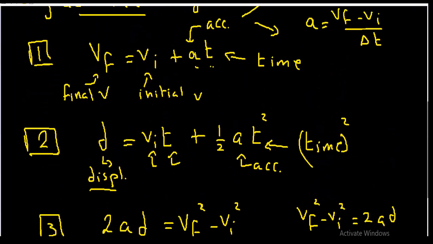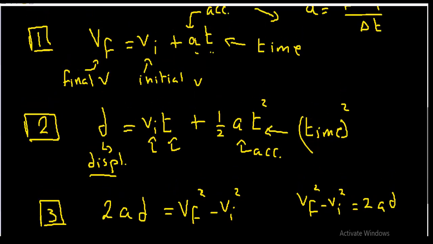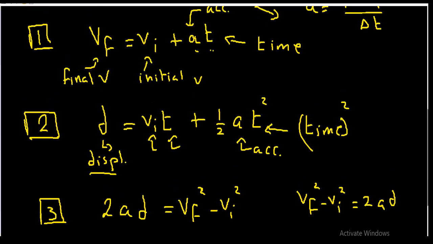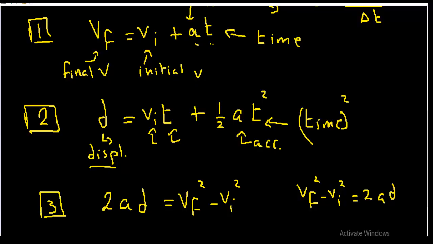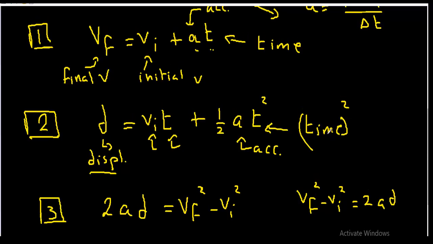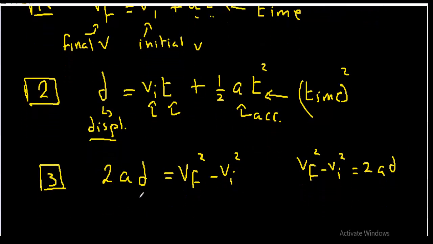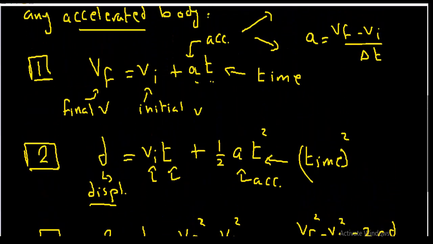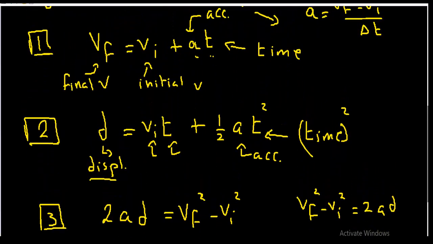You will notice that the three equations are different from each other. For example, the first equation doesn't contain displacement. The second equation doesn't contain final velocity. The third equation doesn't contain time. And these are the three equations of motion.